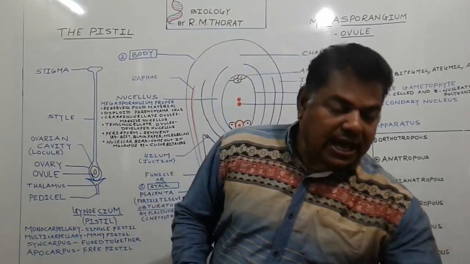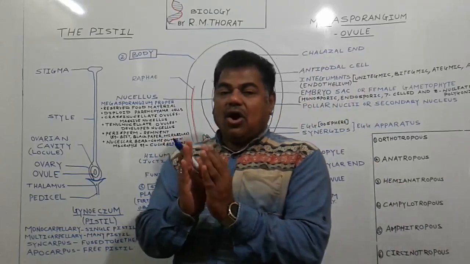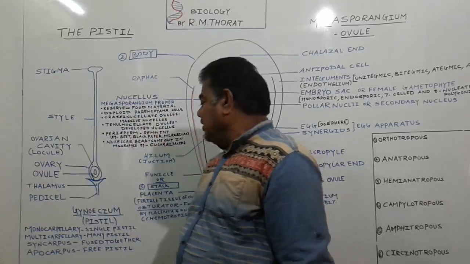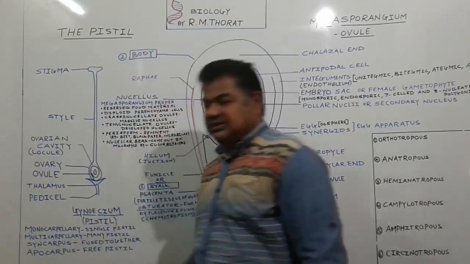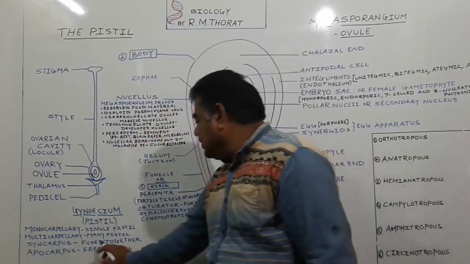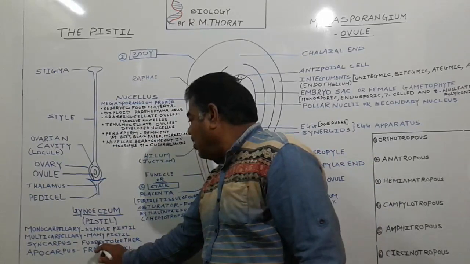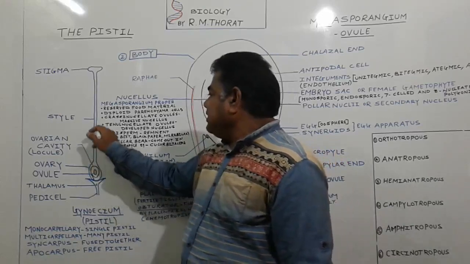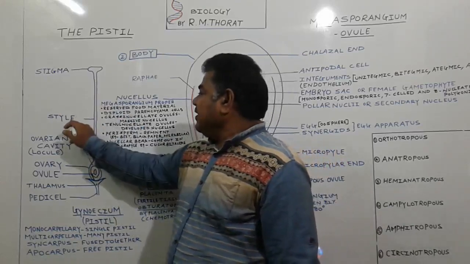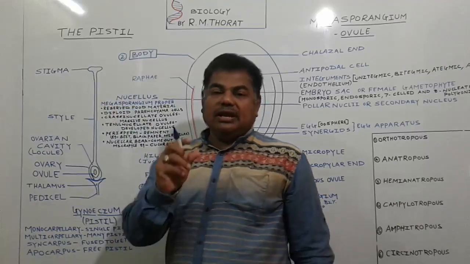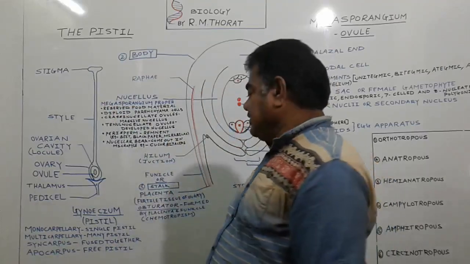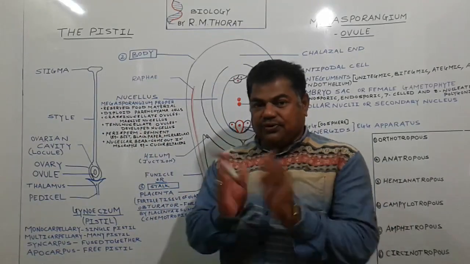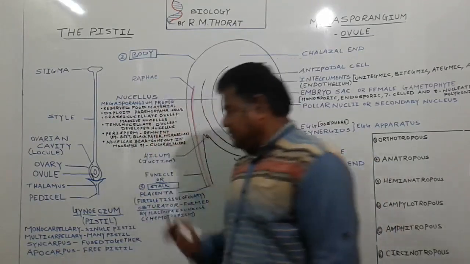If these carpels, or pistils, fuse and form a long structure, that is a style, then we call it syncarpous. The carpels or the pistils get fused together and form this structure we call a style, and here at the tip they form a receptive stigma like this. If all the carpels or all the pistils are free, then we call it apocarpous.